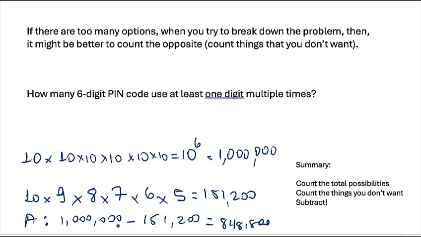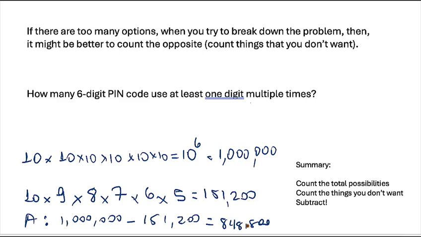So it's 1 million pins minus these pins that are unique, giving me 848,800 pins. So again, you wouldn't ever find this by hand. I don't think even in the span of a lifetime you could.